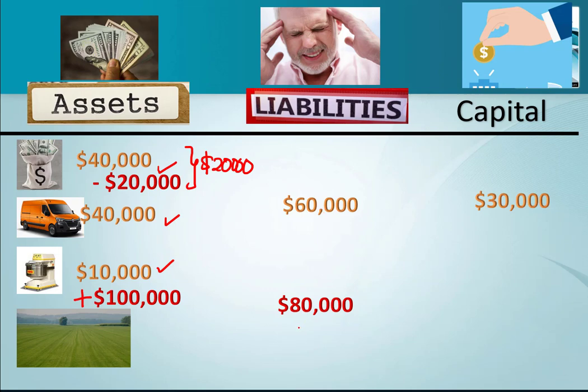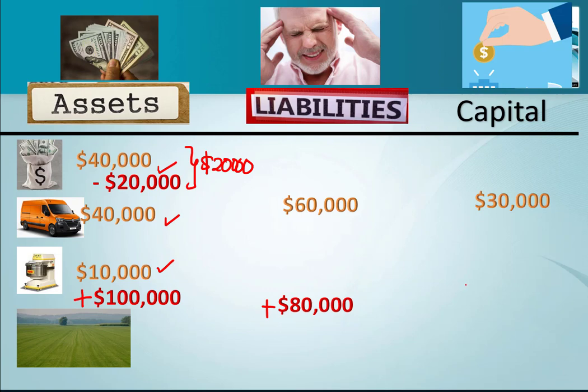I repeat again, in this example, we bought a new piece of land for 100,000. We paid 20,000 by cash, and the balance was borrowed from the bank. So our cash will reduce by 20,000 and the liability will increase by 80,000.